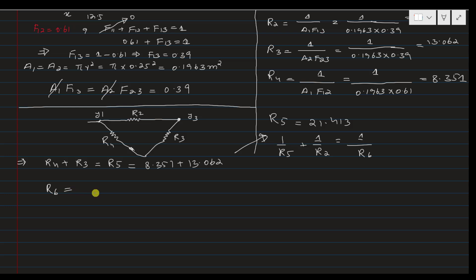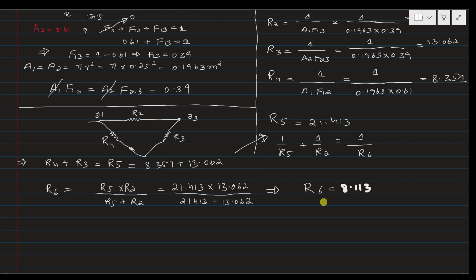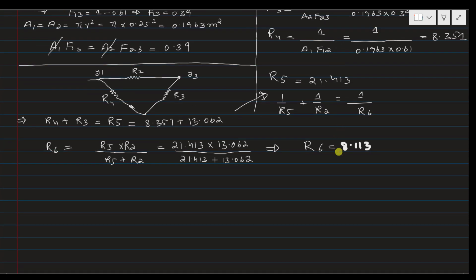R6 I can write in terms of this formula: R5 multiplied by R2 divided by R5 plus R2. R5 is 21.413 multiplied by R2, that is 13.062, divided by the sum 21.413 plus 13.062, and you will get its value, that is 8.113. This R6 value is the equivalent resistance of the triangle R2, R4, R3.